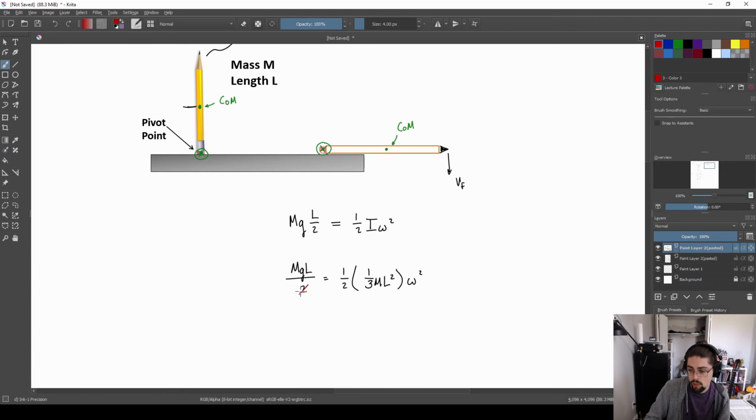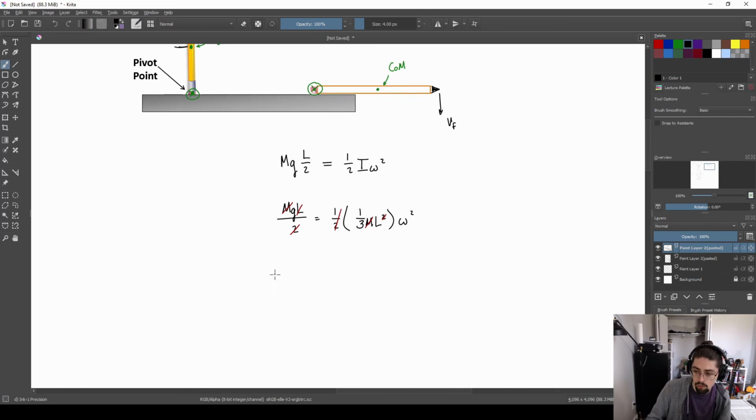That seems to me like a reasonable thing to do. Cancel out the 1/2s, then I'm left with a 1/3. I'll cancel out the capital M's. We don't need those. And I'll cancel out one of these L's. We don't need all of those. And I know I have just gone through a crime spree of things that I've done to these variables, but let's look at what we've got left. L over 3, G is equal to L over 3 omega squared. Good so far.